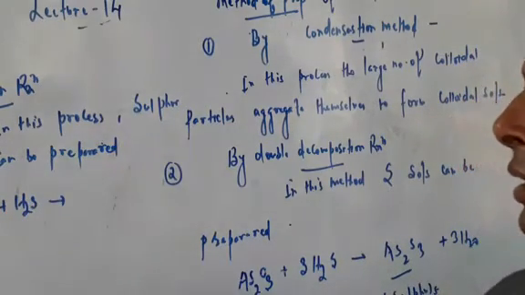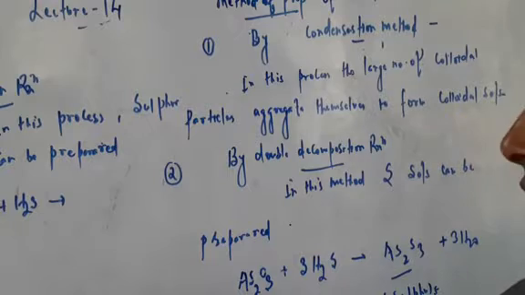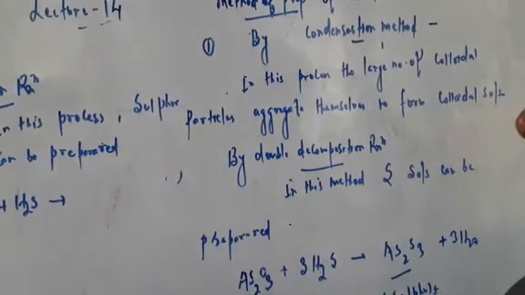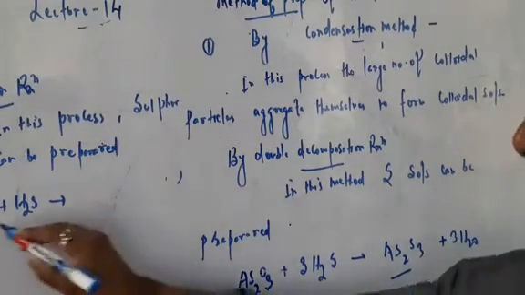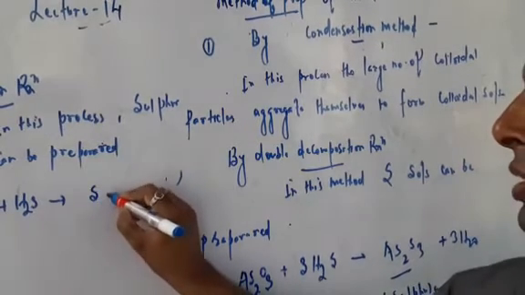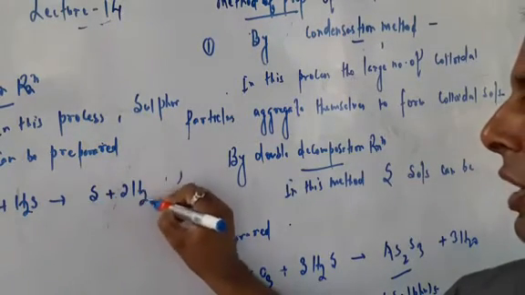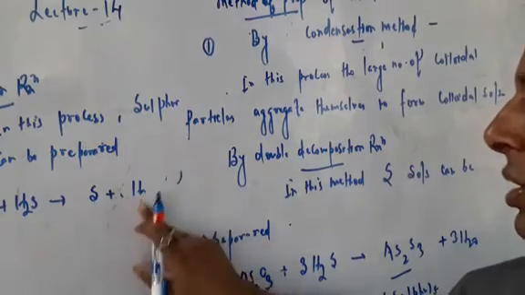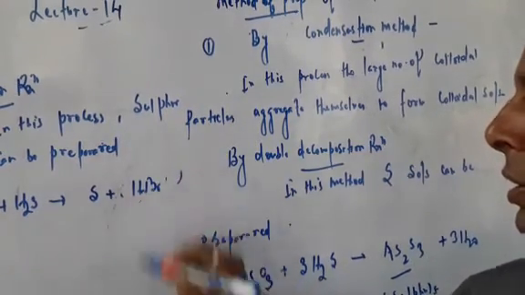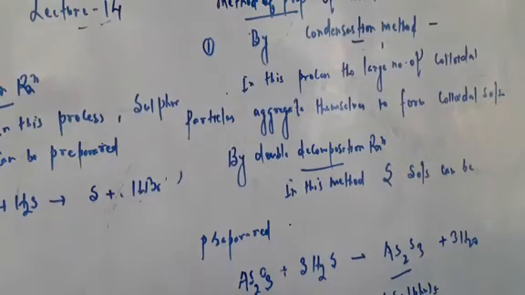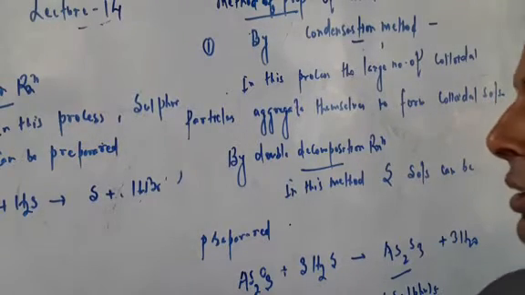In this case, hydrogen sulfide is being oxidized in the presence of Br2 and it forms S plus 2HBr. Bromine behaves as an oxidizing agent.